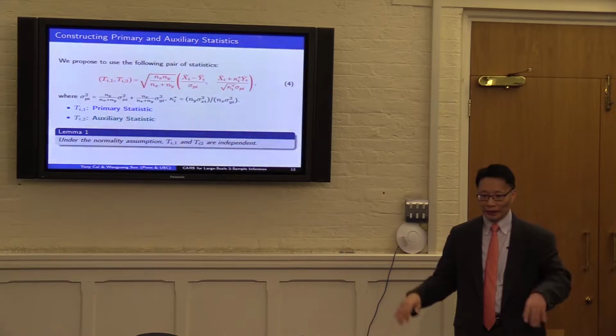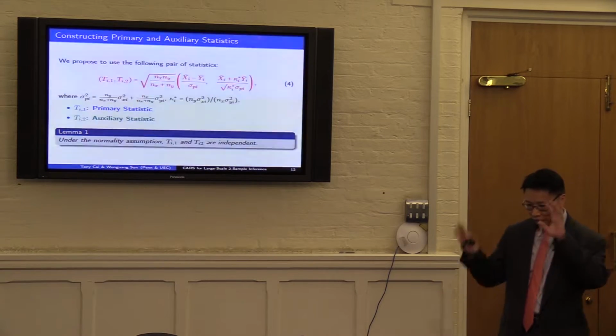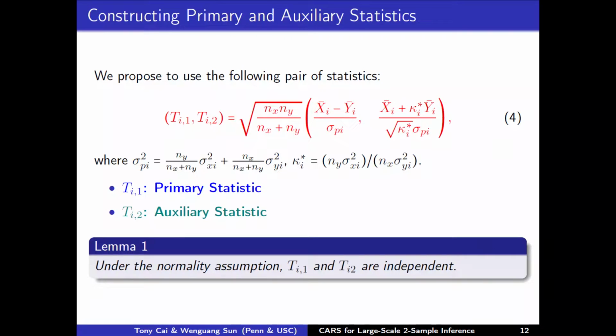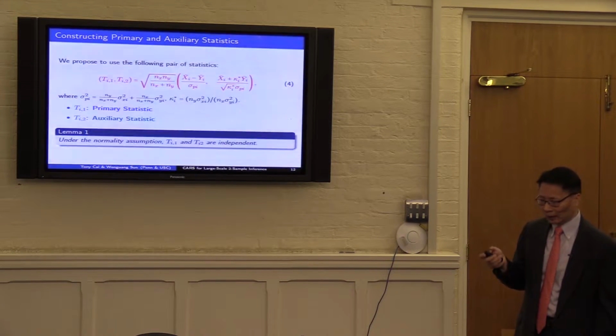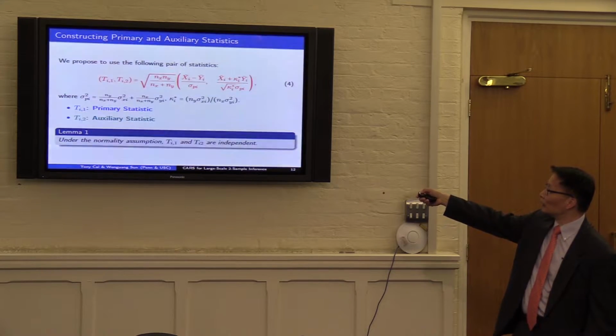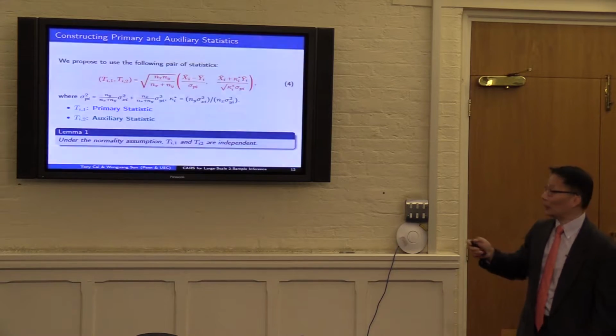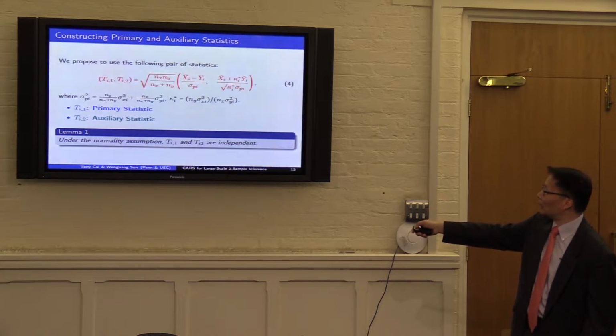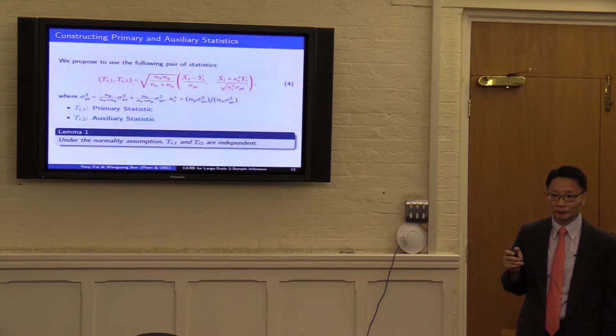Think about the normal case first. If we have two normal samples, here's what we typically do. We summarize by carrying out a z-test for each pair. For each row, we do a z-test. But here, what's different is that in addition to the difference, we also take the weighted sum. And this weight is chosen in such a way that under the normality assumption, they are independent.